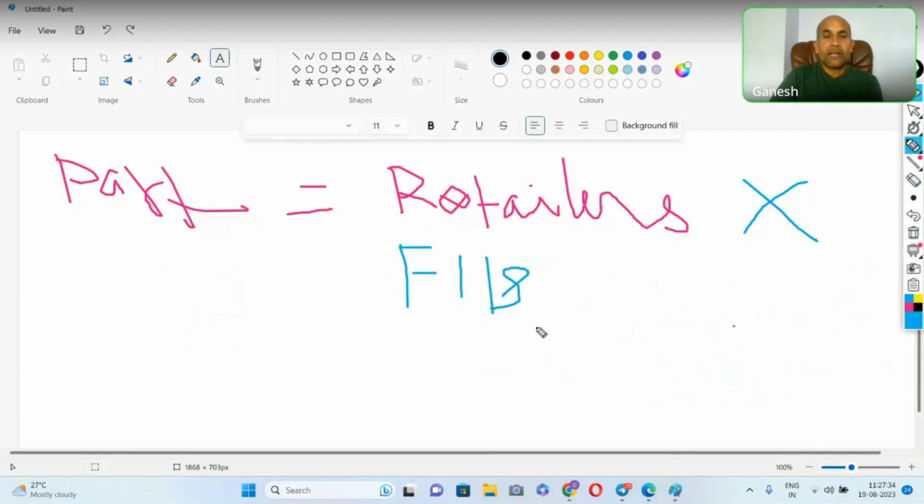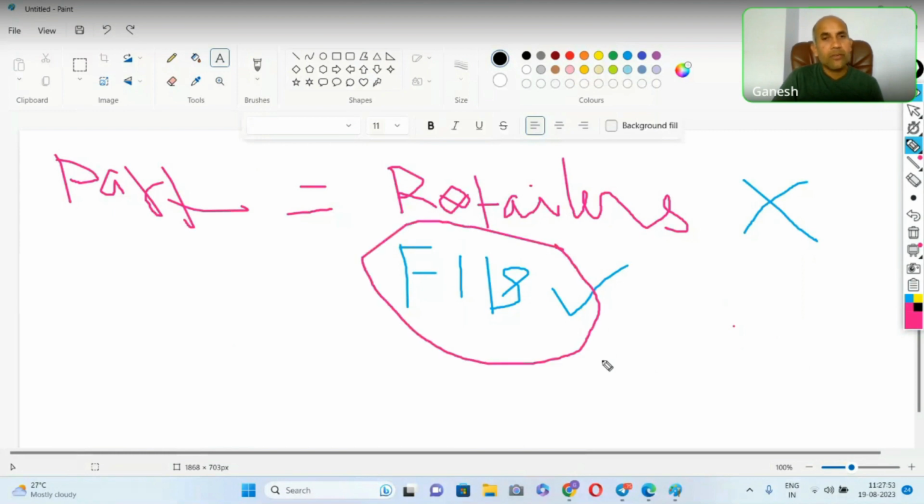Now, there are two participants. One is retailers and the other is FIIs. So we know that retailers always lose money. FIIs are long term, make money. So we just want to understand what FIIs are doing, or how FIIs are making money. That's it. We are here to learn from FIIs. Just what FIIs activity is happening.